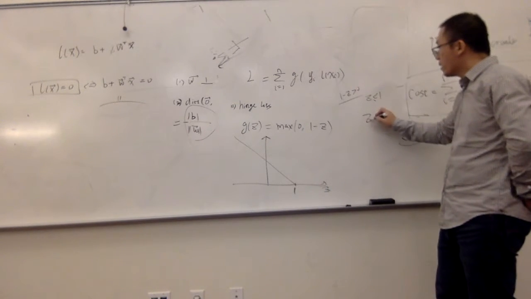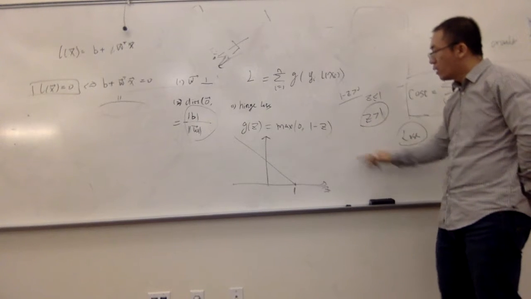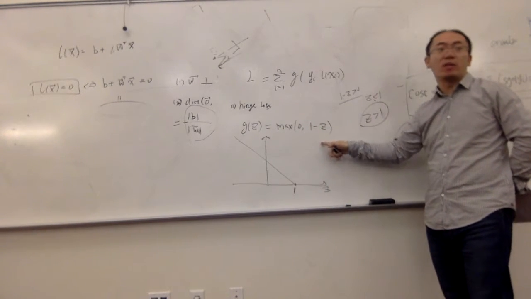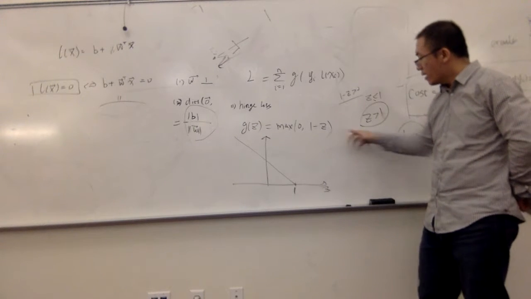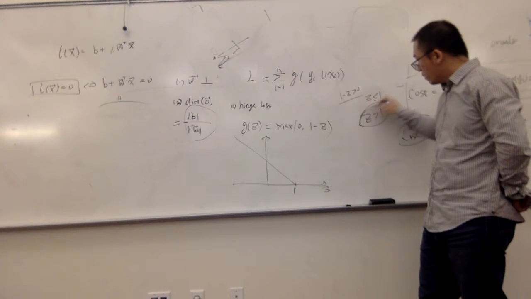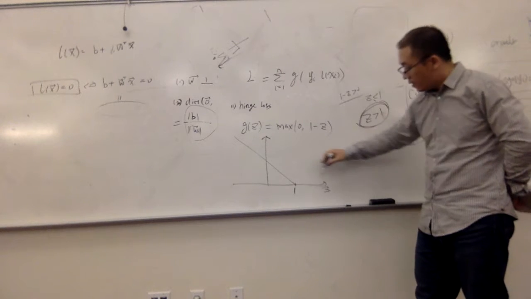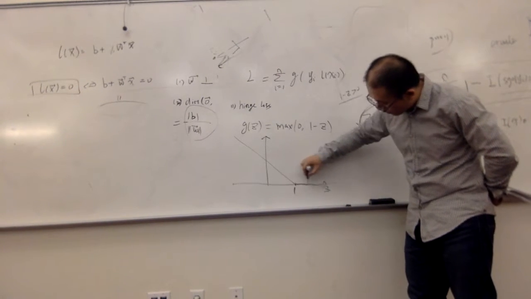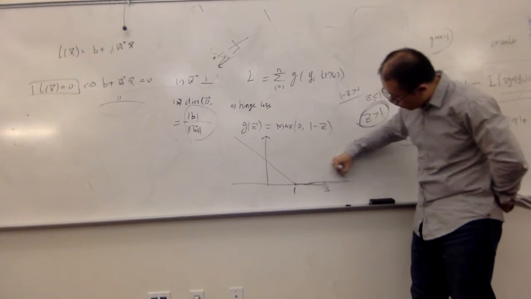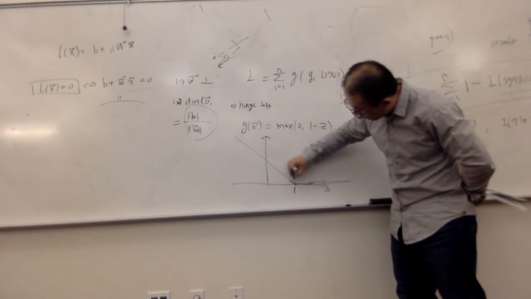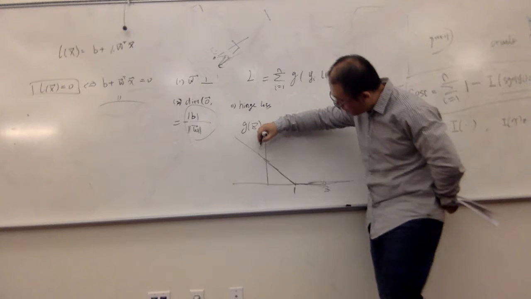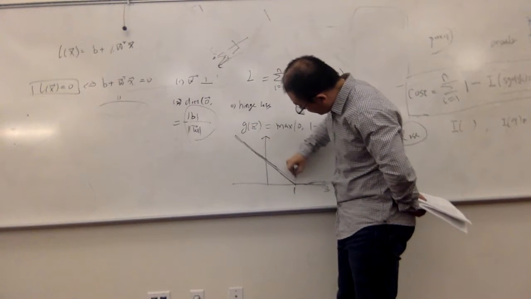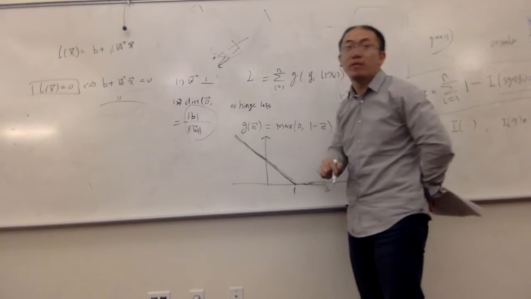But when Z is bigger than 1, 1 minus Z is negative, so the maximum of 0 and 1 minus Z will be 0. So after Z becomes bigger than 1, the remaining part of this function is just like this. This is the curve of the loss function. Very famous hinge loss. The name is because it looks like a hinge. Yes, exactly.